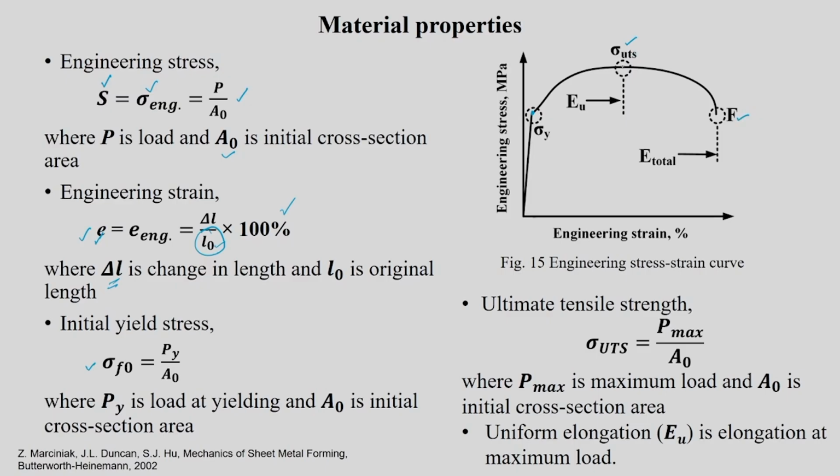It is P max, which is noted down in the previous graph, divided by A naught, like Py by A naught, here P max by A naught. There are two other important properties measured here: uniform elongation and total elongation. Total elongation is whatever elongation it has up to fracture, which is given in the previous graph itself.